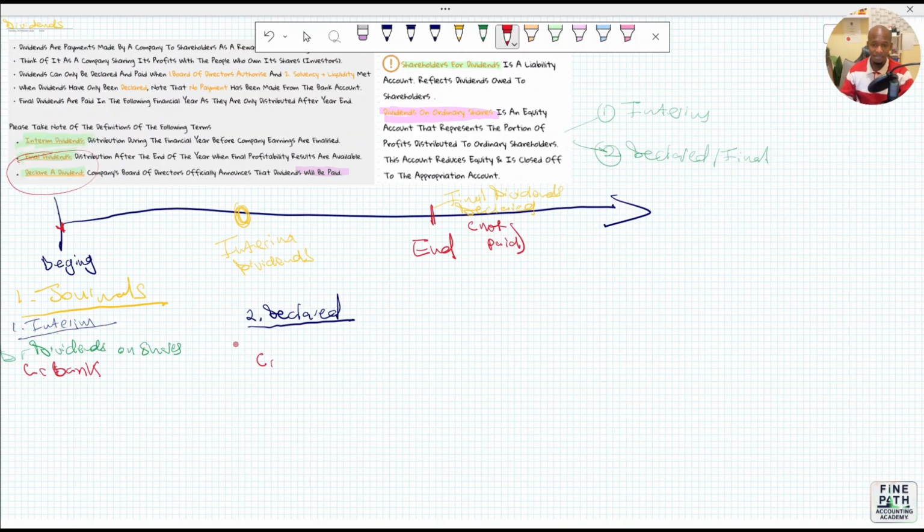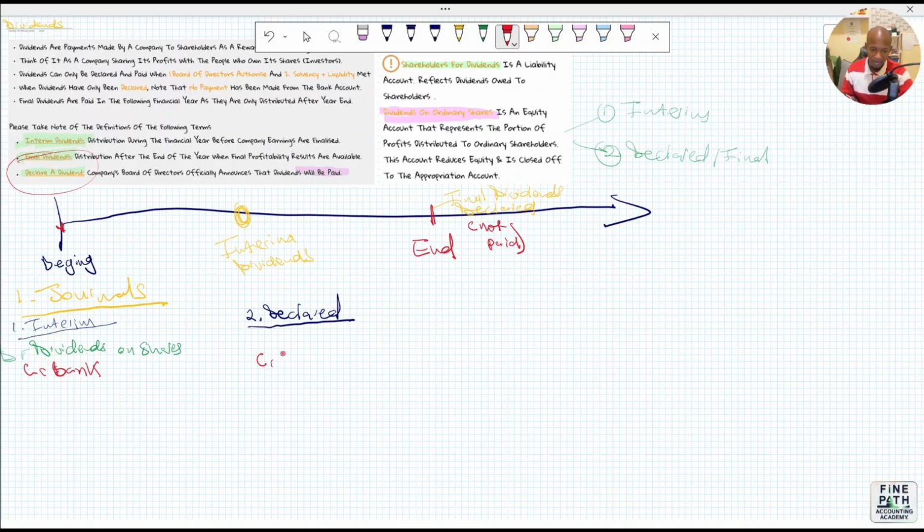What happened is that we've made a promise. The promise we made creates an expectation for shareholders that they will receive money. Because of that expectation, we owe them final dividends because we've declared. So since we've declared these final dividends, our liabilities are going to increase because of this expectation to pay money. So liabilities increase on the credit side.